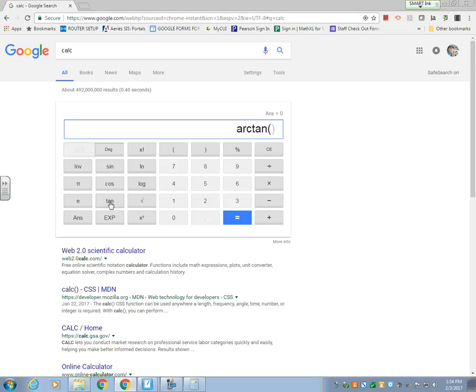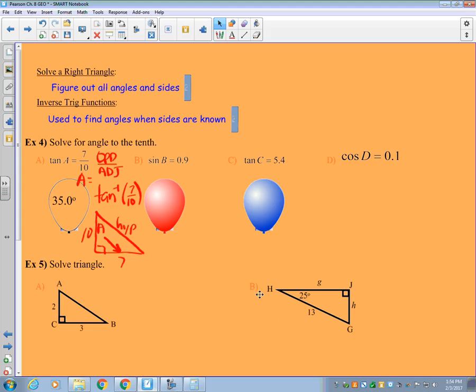I'm going to go tan inverse, and I'm going to go 7 divided by 10 equals, and I get 34.99. So either way, you need to take a moment now, do the same process on your calculator, and figure out how your calculator wants you to input the numbers. It's better to figure it out now than when you get to the test and you have to have a learning curve as an assessment.